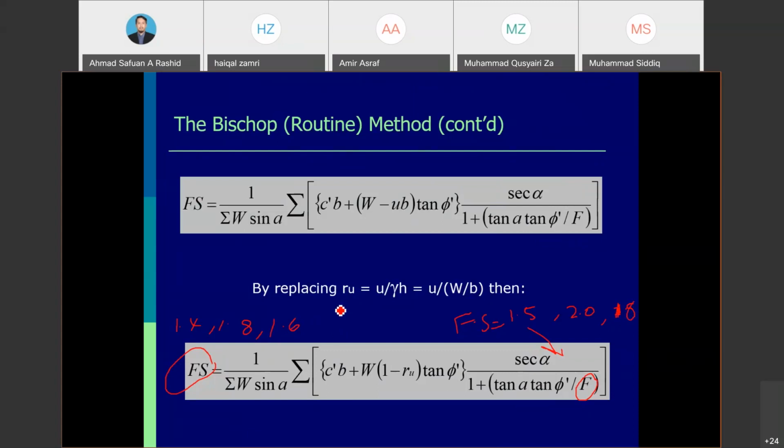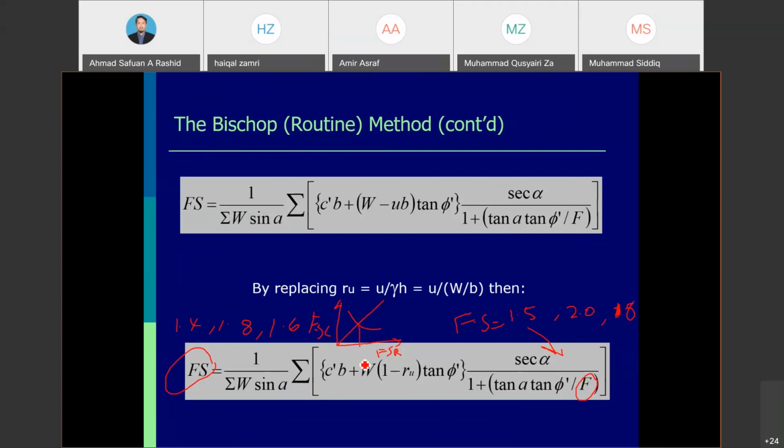Then later on we need to plot a graph. A graph, we call a factor safety on right and then factor safety on left. So kita plot, contoh dapatlah pattern ni kan. Then we draw another line, we call as line of equality. Then the intersection of the line of equality with the relationship established from this equation, so then we get the factor safety value.